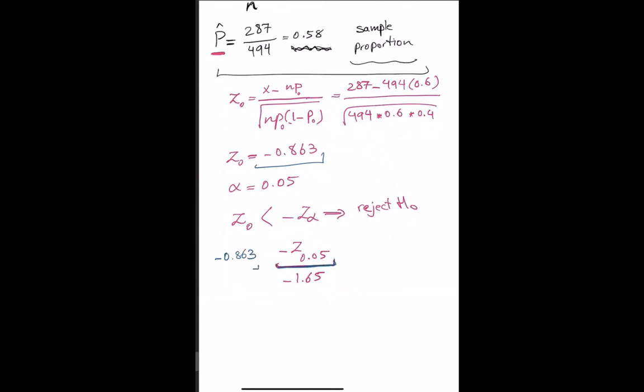Is the test statistic less than the critical value or greater than the critical value? You're comparing this value with this value. It's greater than the critical value. So since this relation does not hold, we fail to reject.